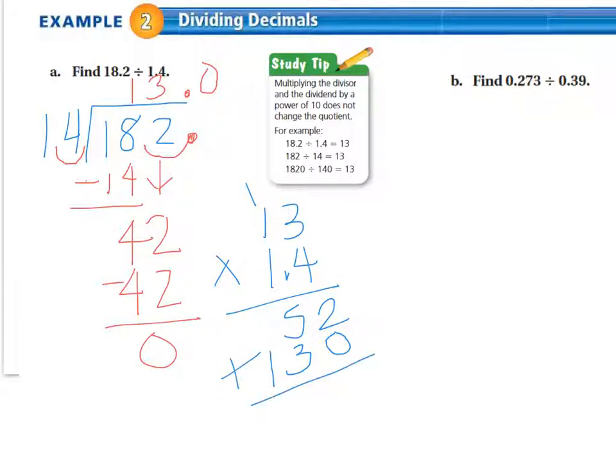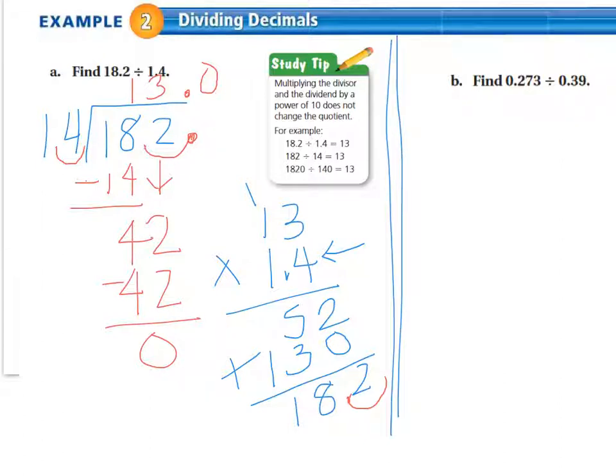Adding now, 2 plus 0 is 2, 5 plus 3 is 8, and 1 with nothing else brings down 1. Now keeping in mind when I'm multiplying, I'm going back to the factor that has the decimal, and there's only 1 this time, and it's 1 place value. So I come back down to my product and move my decimal 1 place value. And I have 18.2, which is where we started. So that quotient checks.